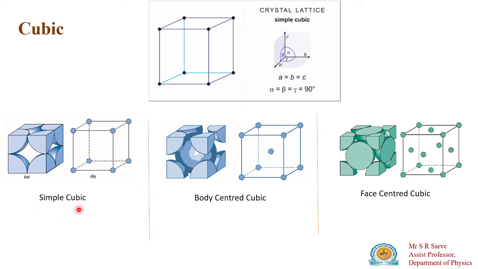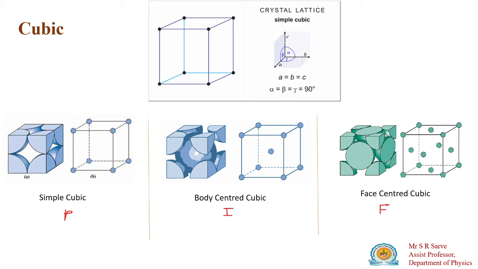Simple cubic structure is known as primitive. Face centered is known as F, and body centered is known as I. That simple cubic is known as primitive P. This is known as F, and this is known as I, it is body centered.